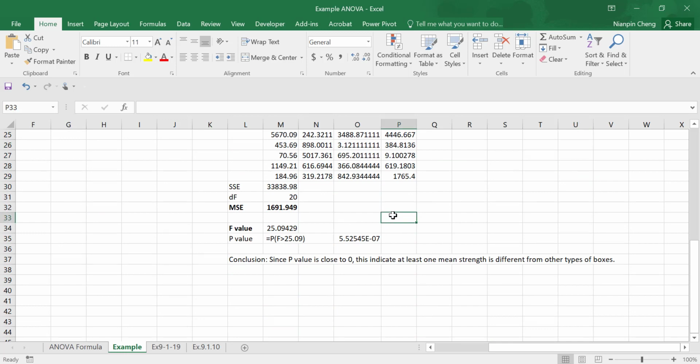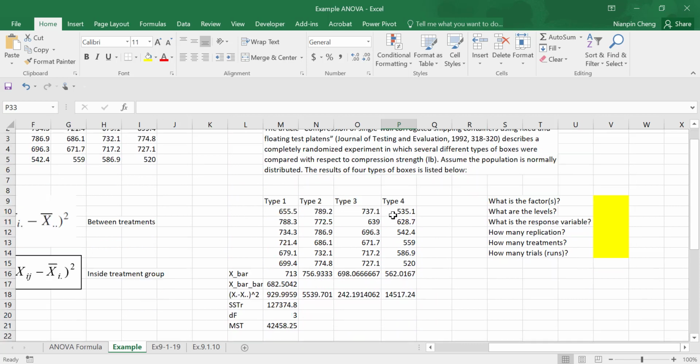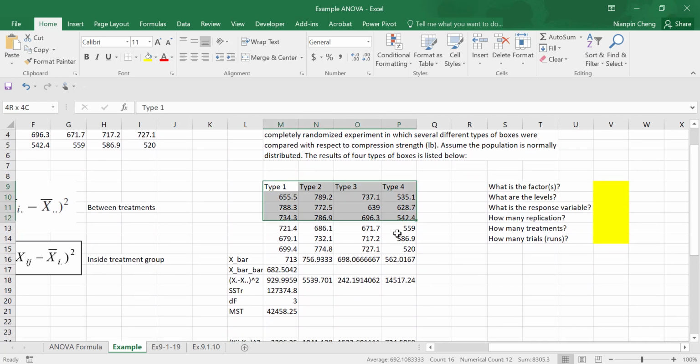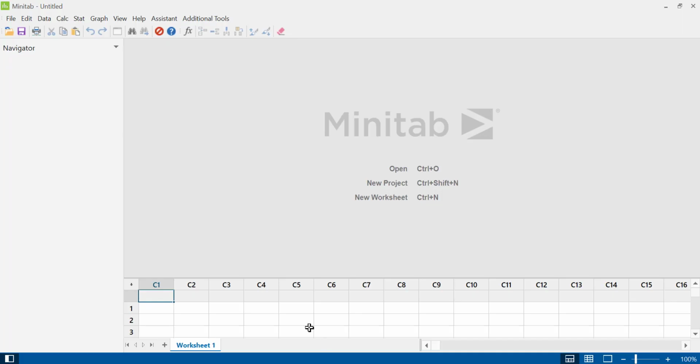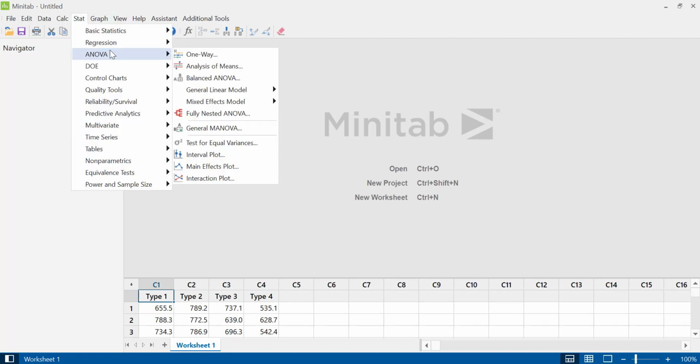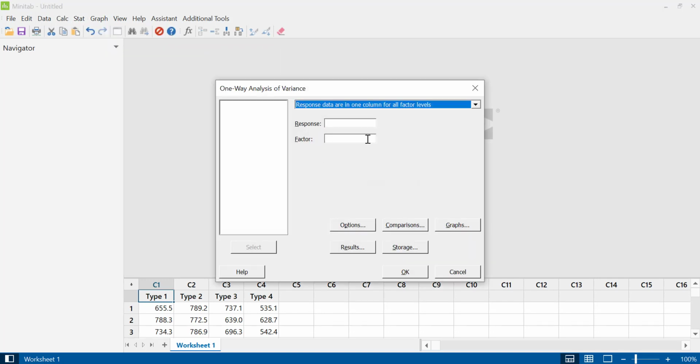In Minitab we can also get the ANOVA table. So what are we going to do in Minitab? We copy the data, paste it here, and go to Stat, ANOVA, One-Way ANOVA, since we only have one factor, the type of boxes. In this case, the response data is in separate columns.